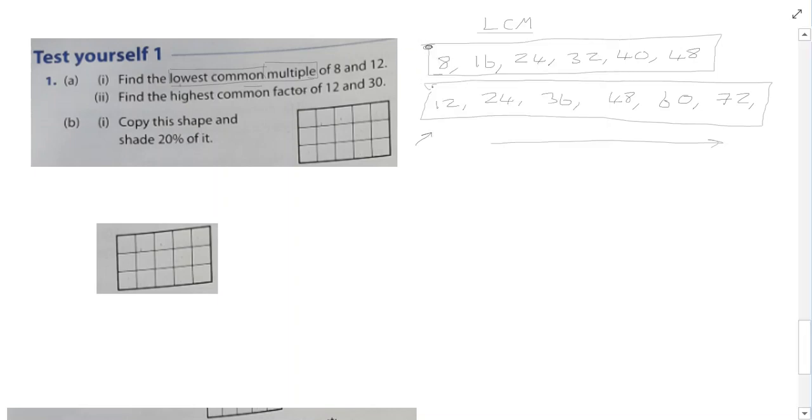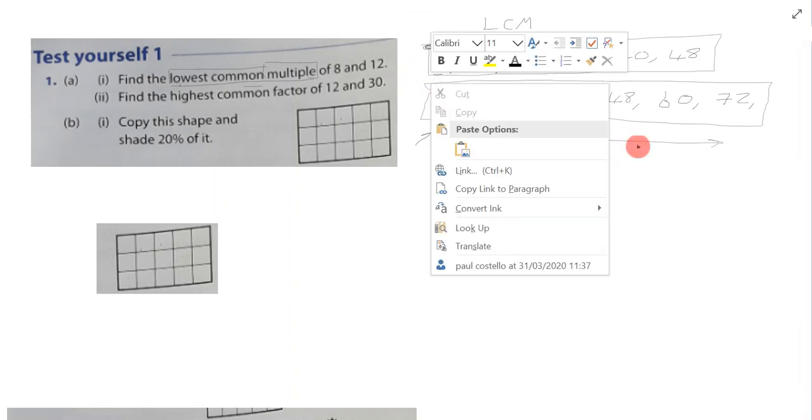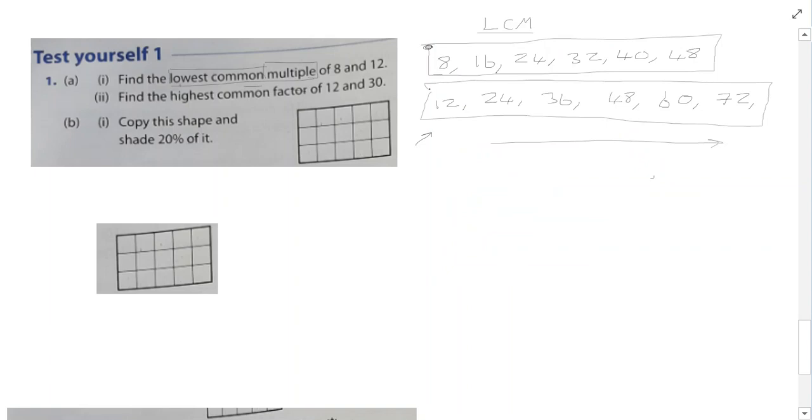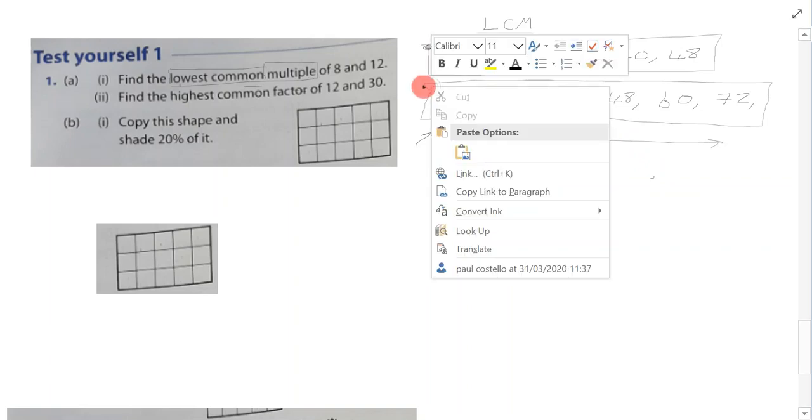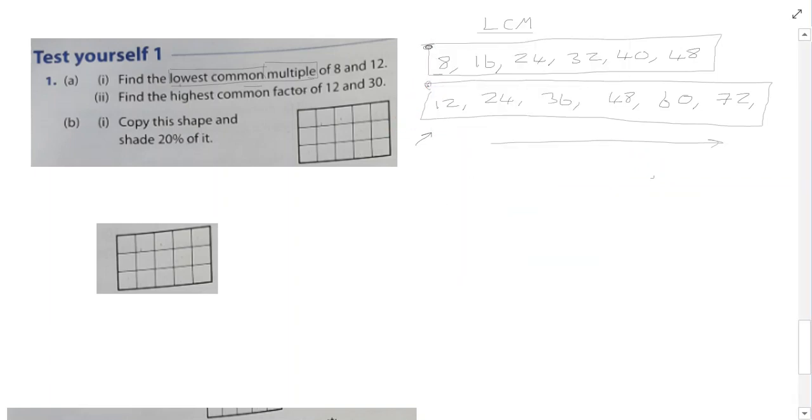Just like people in the same family have a common surname, numbers that are multiples of two different numbers will have a common number there. So if we think about what is a common number between these two sets, let's have a look, and it has to be the lowest number.